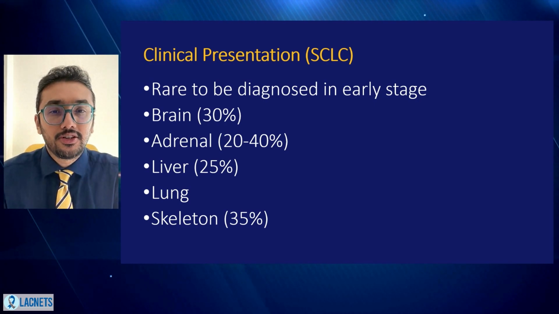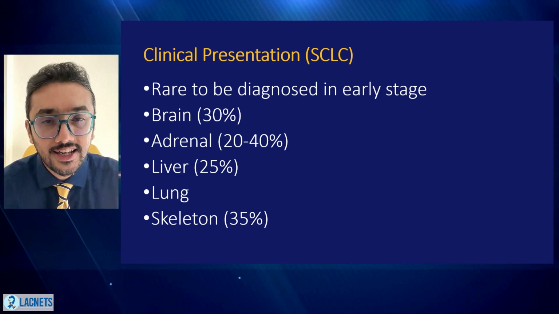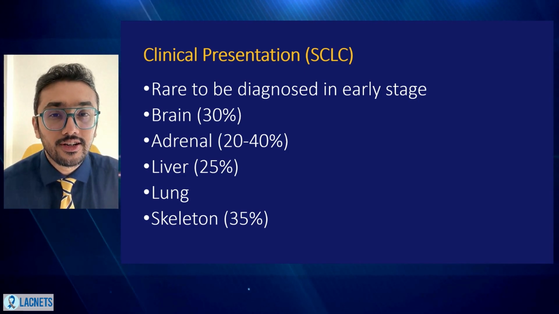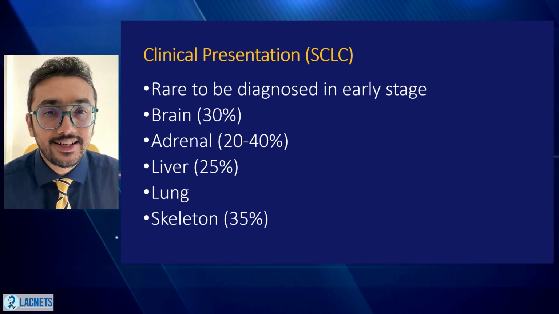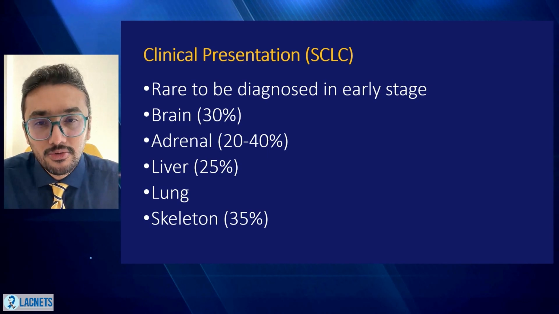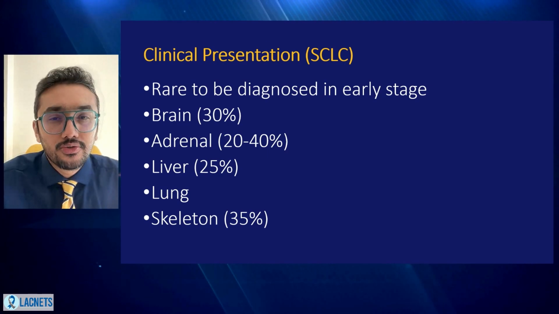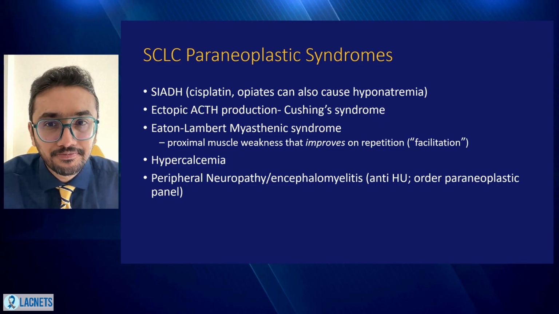By the time the patient comes to an oncologist and is getting full staging work-up, the tumor has oftentimes progressed. Almost 30% of patients can have brain mets at the time of diagnosis, and many patients will have liver mets, bone mets, adrenal mets. So finding disease in early stages is rather rare.